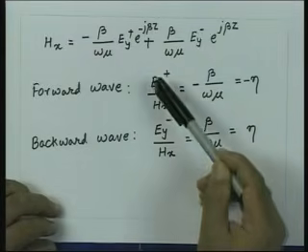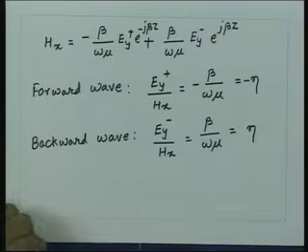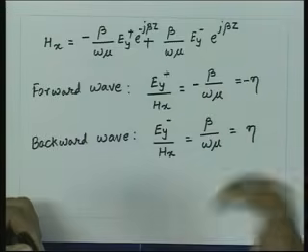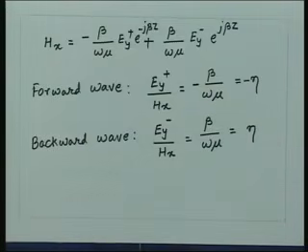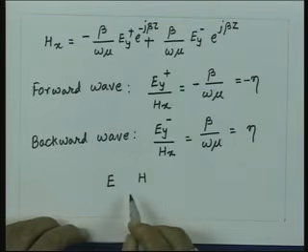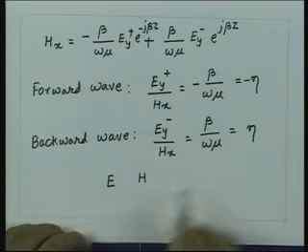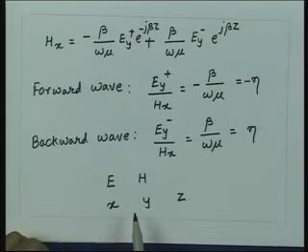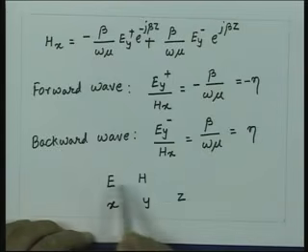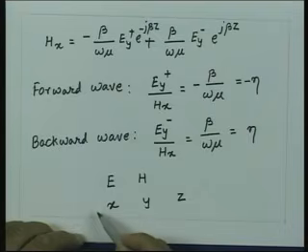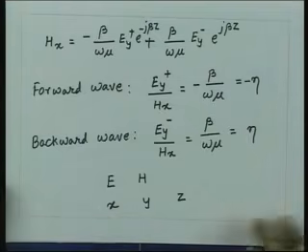But if I take a ratio of Ey and Hx, where I am going opposite to the sequence of xy, then the ratio becomes negative because now I am going in the opposite direction from the right hand rule. So, if I take a sequence of E to H to the direction of propagation, and if I take these quantities as x, y and z, if I have from E to H in the right sequence as x and y, then the ratio of E and H will be positive. If I am going opposite to this, then the ratio of this will be negative.